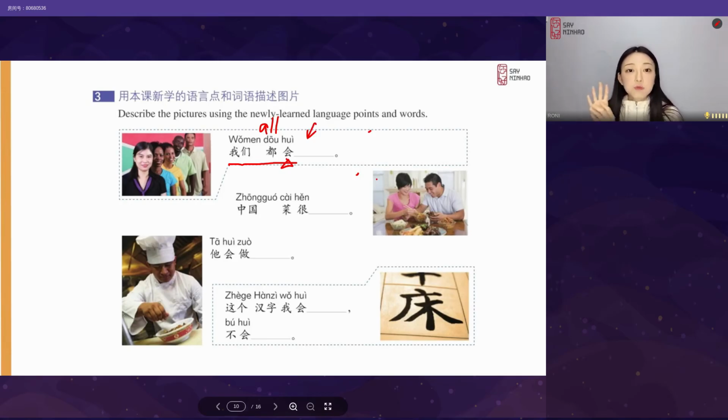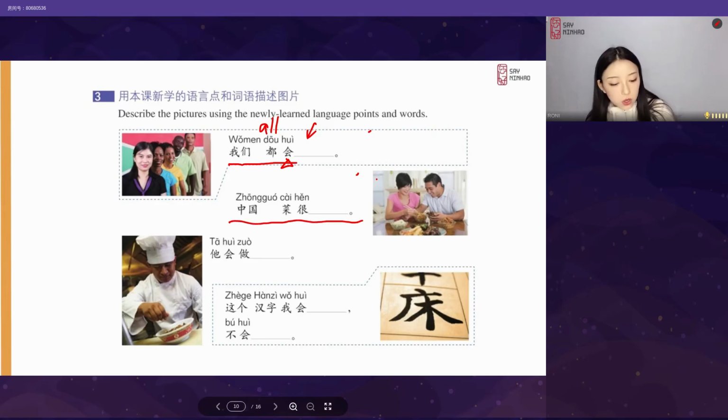First we can speak Chinese, we can write Chinese characters, and we can cook Chinese dishes. Okay, let's try to fill in the blanks. 我们都会说汉语, 我们都会写汉字, and 我们都会做中国菜. There are so many different answers. You can put in anything you want.